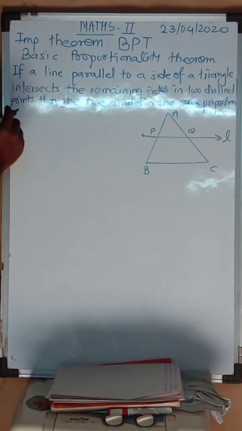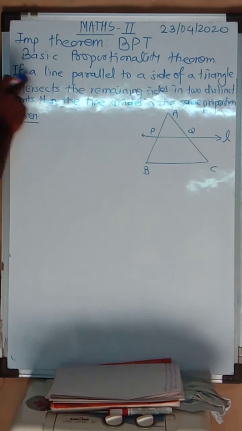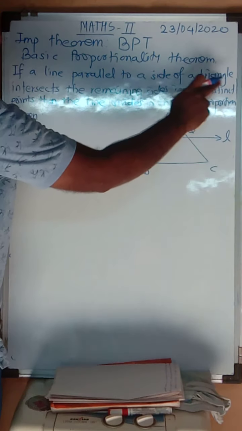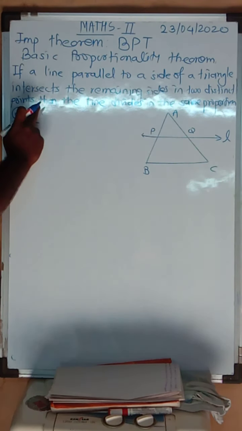That means, first of all, from this we have to write the given. What is given? The line, from the statement if to then: if a line parallel to a side of a triangle intersects the remaining two sides in two distinct points.